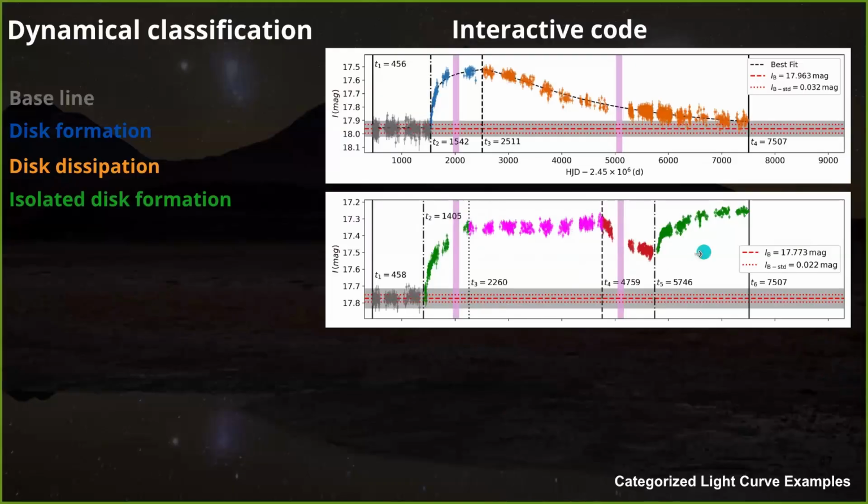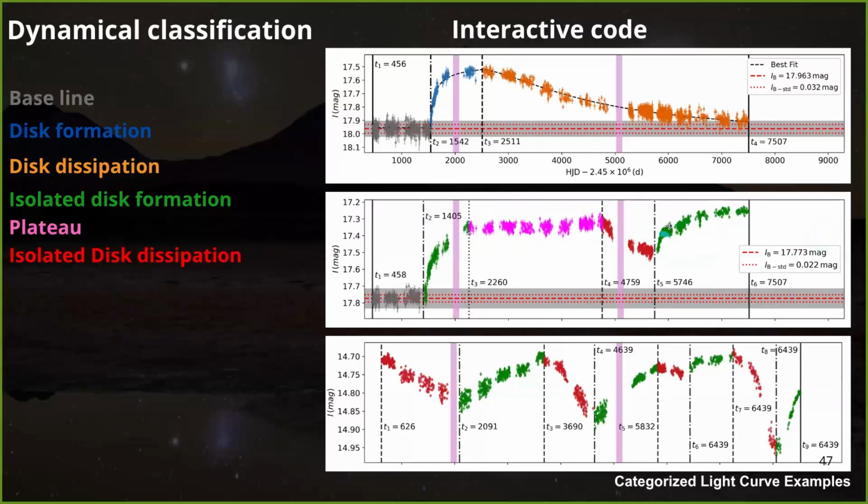And just after this time, we classify this portion of the light curve as a plateau phase. It goes through the dissipation phase itself. And before it reaches the photospheric brightness again, the mass loss is turned on again. So this is what is happening in this last portion.